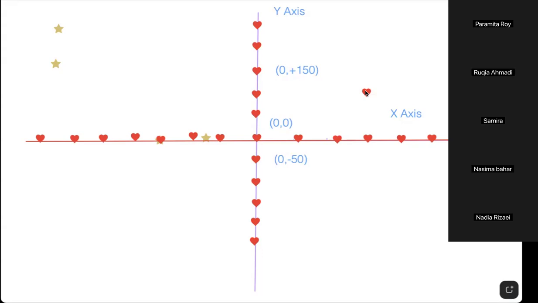So what will be the position? Girls, what will be the x position? X is this line, remember? So it is 50, 100, 150 plus positive, but we don't usually write it. So what is the y value? Y is 50 and 100. The y value is 100. Are you getting it? Yes, no?